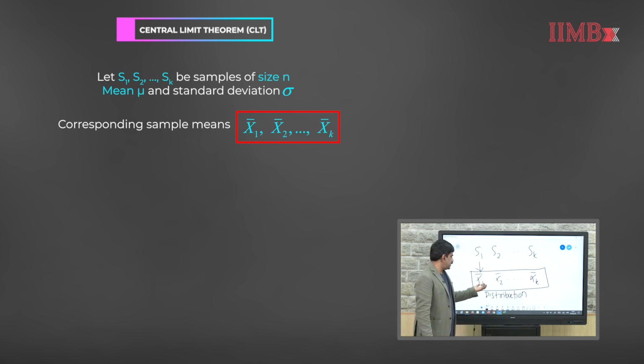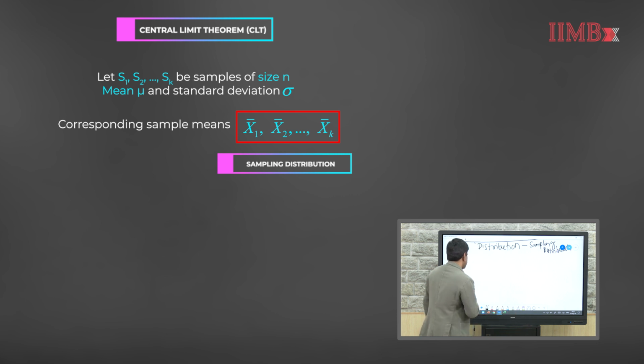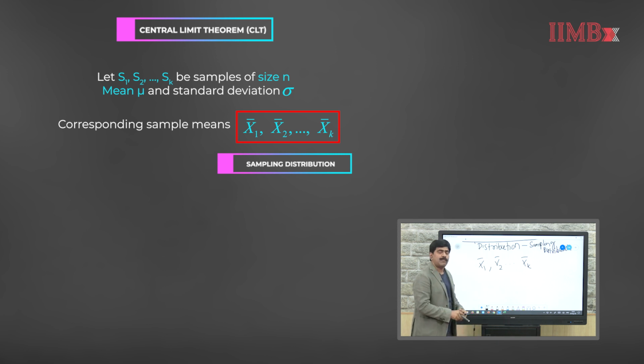Basically what I am saying is we have different values of mean coming from different samples. This distribution is called sampling distribution. So, the sampling distribution formed by the sample means, which is x1 bar, x2 bar, etc. up to xk bar, will follow a normal distribution.